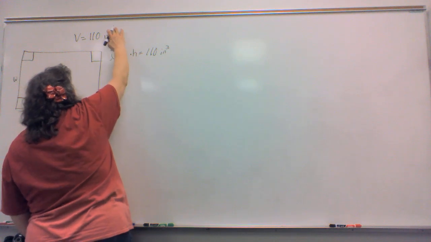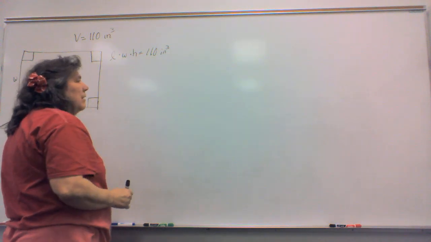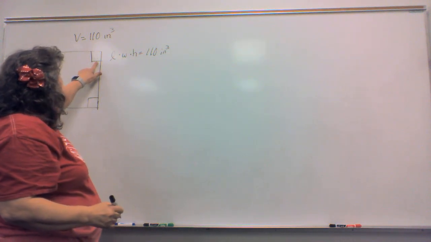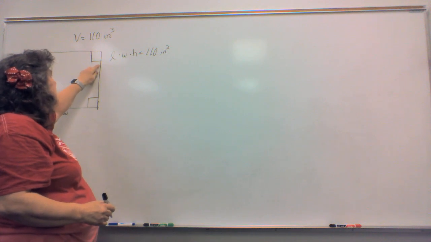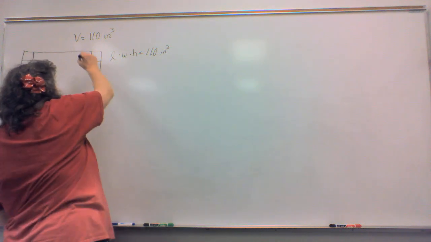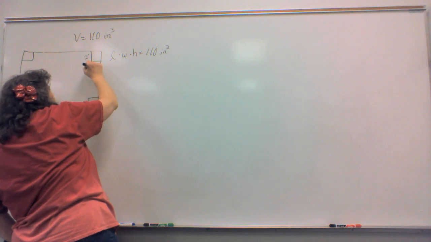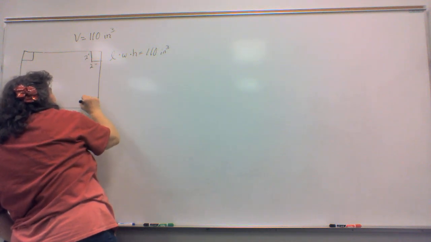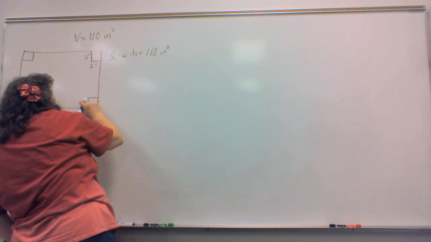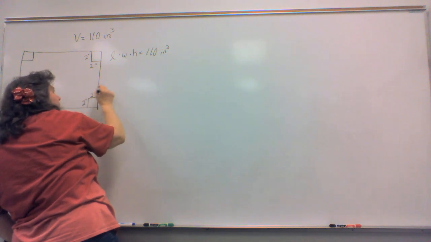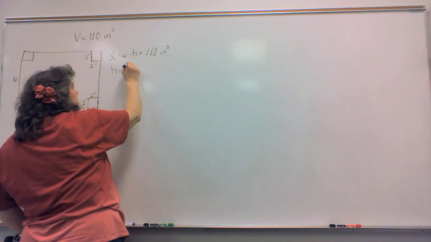So, well, my height is going to be the amount that these cutouts are. Since it's 2 inches and 2 inches, that will be my height, is 2 inches. So my h is equal to 2 inches.